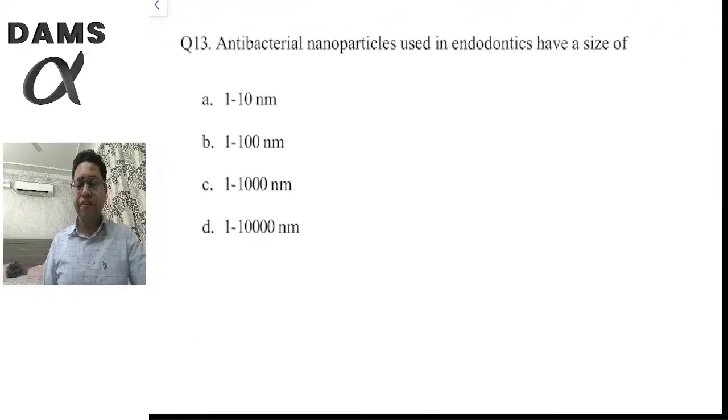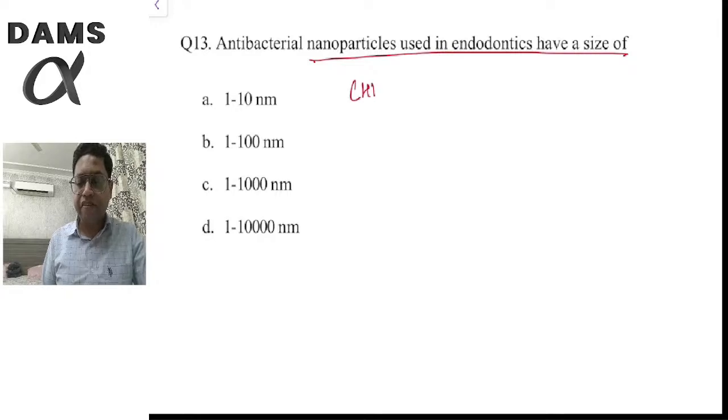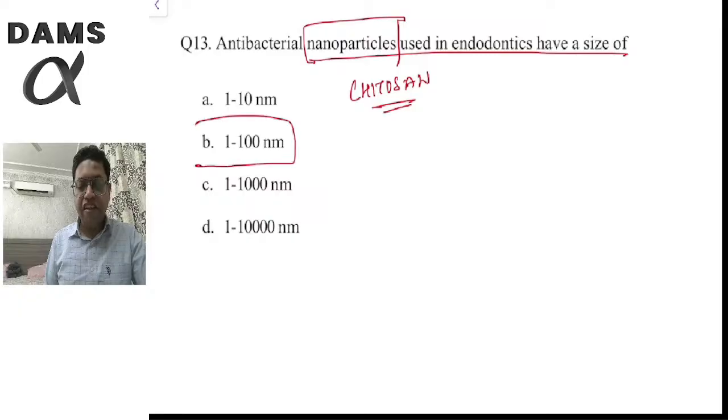Question number 13. The antibacterial nanoparticles used in endodontics have a size of, okay, antibacterial nanoparticles like chitosan. Okay, these are the commonly used nanoparticles that are used in endodontics. Now, nanoparticles. For this, you have to remember that they have a size in the range of 1 to 100 nanometers.